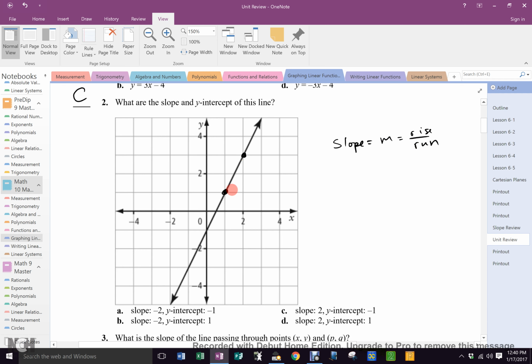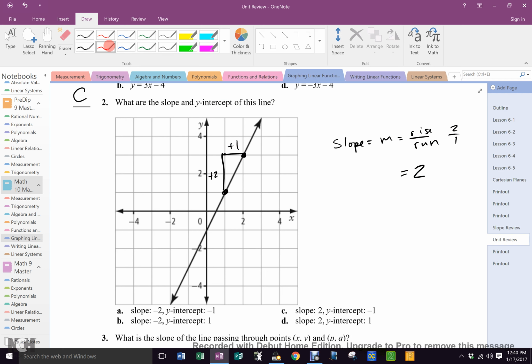What's the rise and the run? +2, +1. 2 over 1 means my slope equals 2. The other thing I need is the y-intercept. The y-intercept lives right there. It is -1. So, 2, -1. C. Because the slope is 2. Because it's got a positive slope. Everybody good? Great.